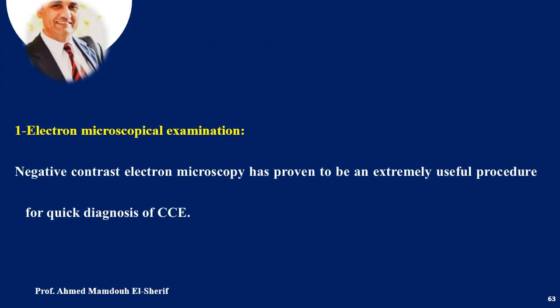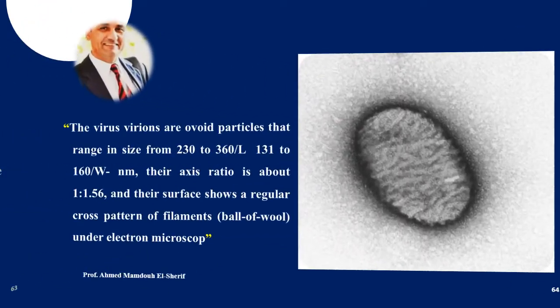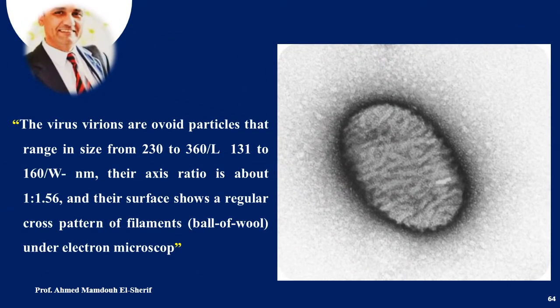Electron microscopical examination. Negative contrast electron microscopy has proven to be an extremely useful procedure for quick diagnosis of camel contagious ecthyma. The virus virions are ovoid particles that range in size from 230 to 360 nanometers in length and 131 to 160 nanometers in width.